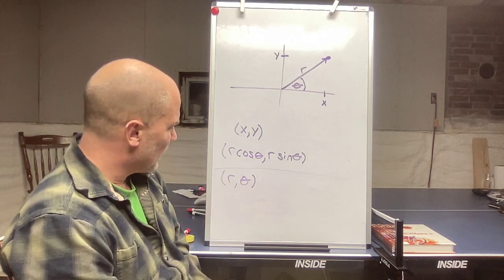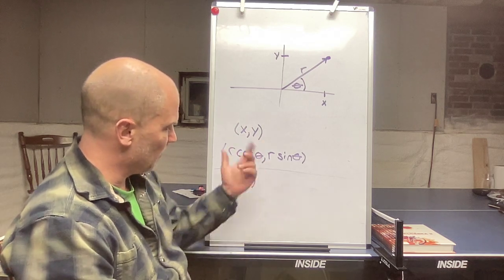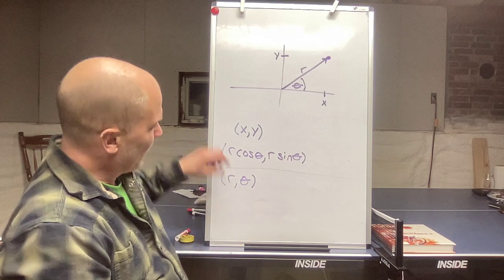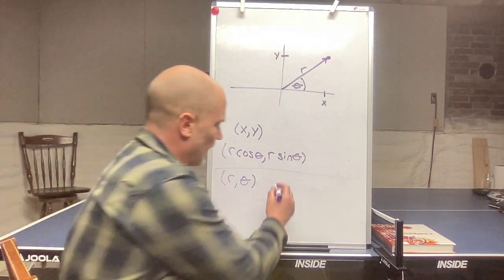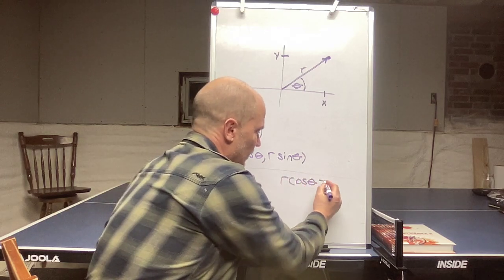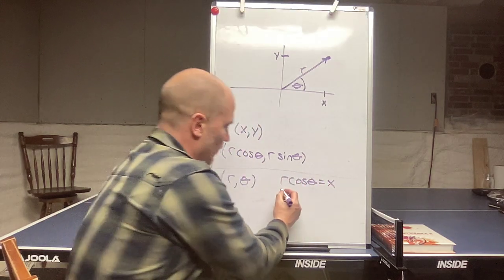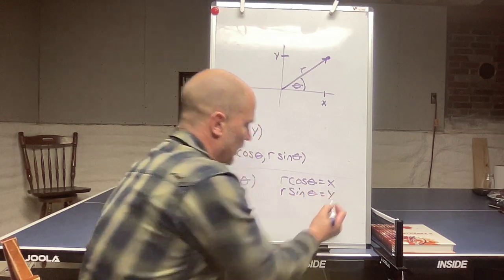Anyway, so we now have some direct conversions we can make from one to the other. We know now that r cosine theta equals x. We also know that r sine theta equals y.